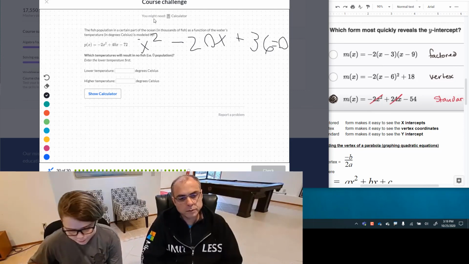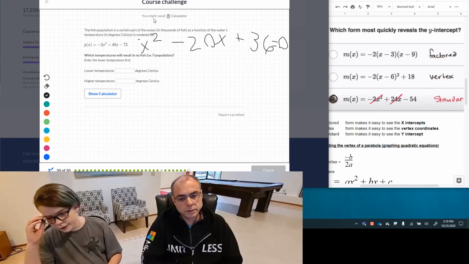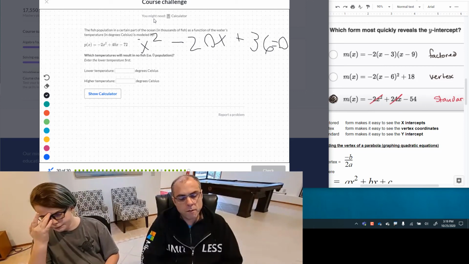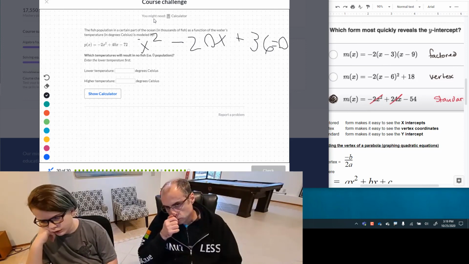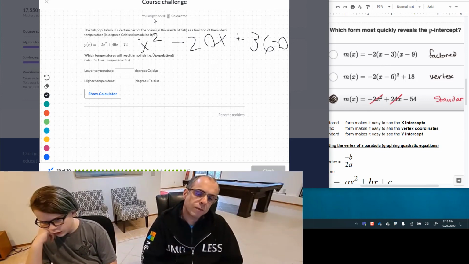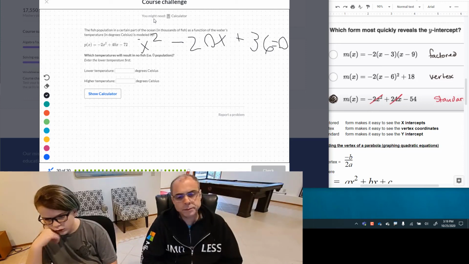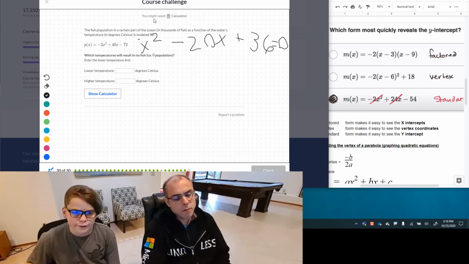Then we could do A and B, both negative, 2 and 18, both negative.